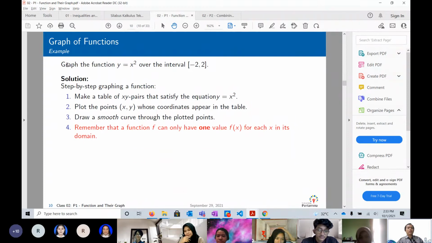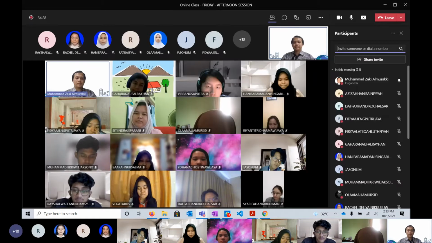The first example is we are asked to graph the function y equals x squared over the interval -2 to 2. How to draw it? These are the steps we can take. First, we make a table of x, y pairs that satisfy the equation y equals x squared over this interval.